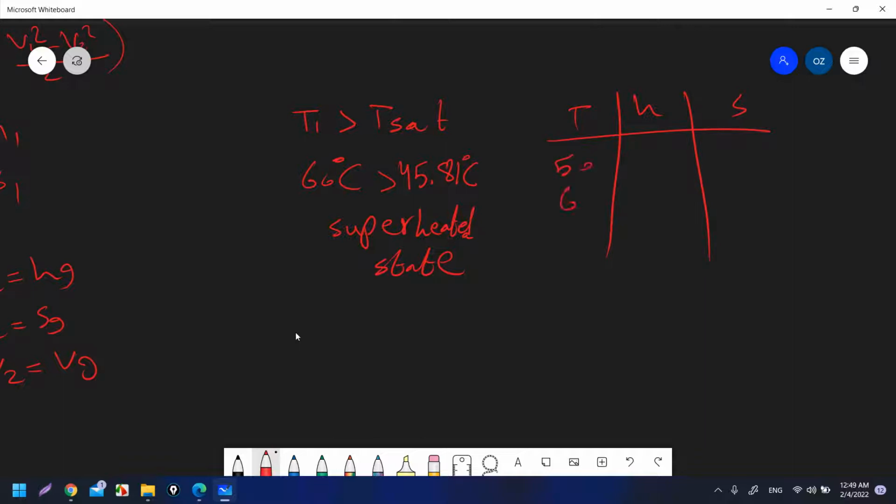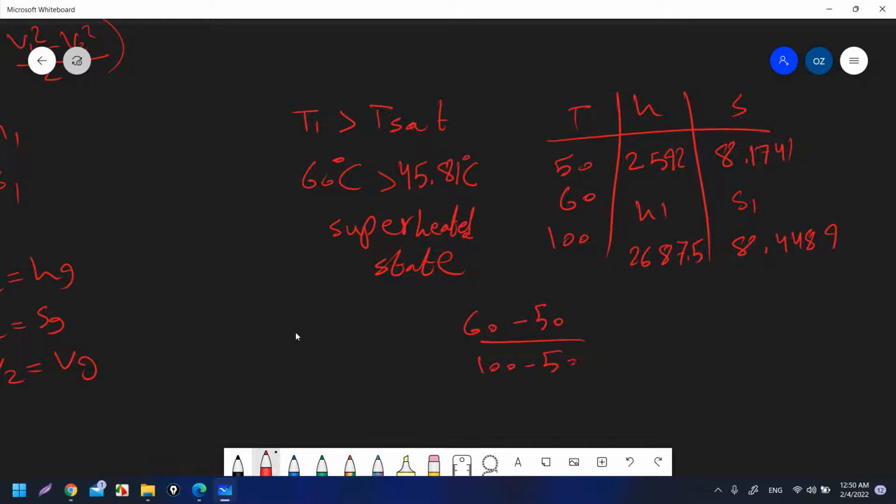T is 50, my temperature T1 is 60, the higher temperature is 100. H is 2592, I want to find H1, 2687.5. S is 8.1741, I want to find S1, 8.4489. Let's make the interpolation: 60 minus 50 over 100 minus 50 equals H1 minus 2592 over 2687.5 minus 2592.